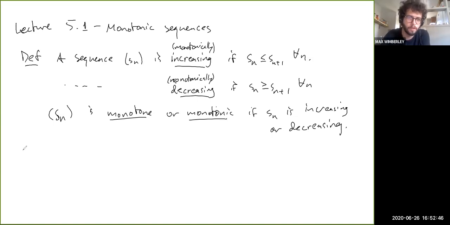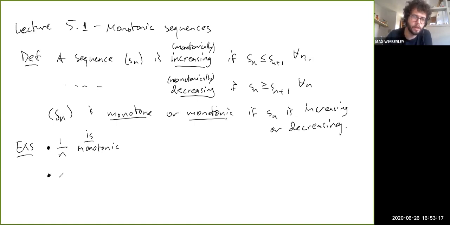So let's just look at a couple examples real quick. Maybe you should think in your head, when I write down the example, about whether you think it's monotonic or not. So something simple like 1 over n. This sequence is in fact monotonic, right?